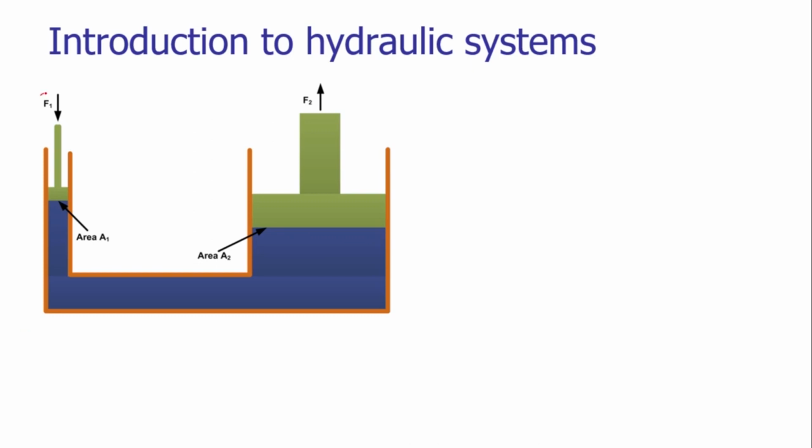So we considered F1 as 6 kgf, area 1 of 3 centimeter square. Area 2 was 60 centimeter square, and we computed the force F2 as 120 kgf.